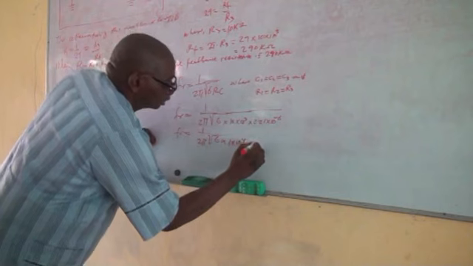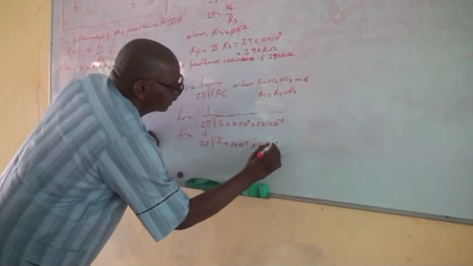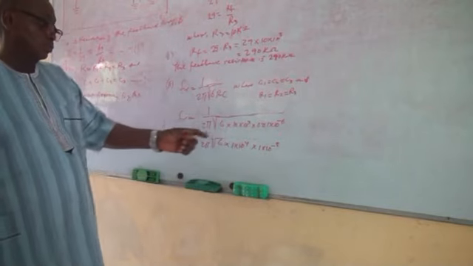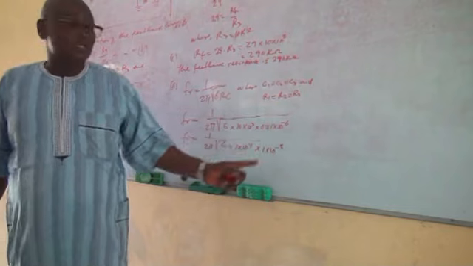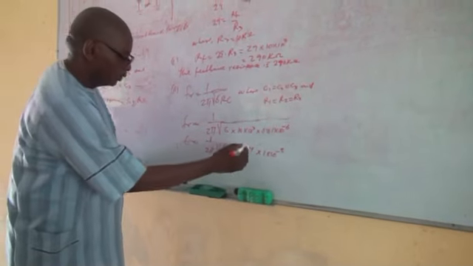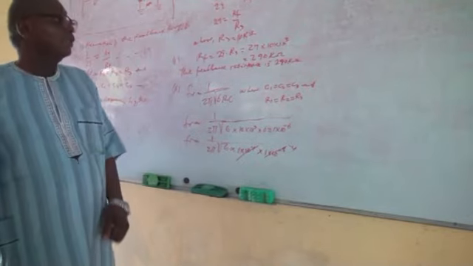This is 1, 2. This one becomes 1 times 10 raised to minus 8. You are moving the point 2 times to the right, okay? Because 2 raised to minus 8. So you can delete this and delete this. You will be left with minus 4 here. Right?